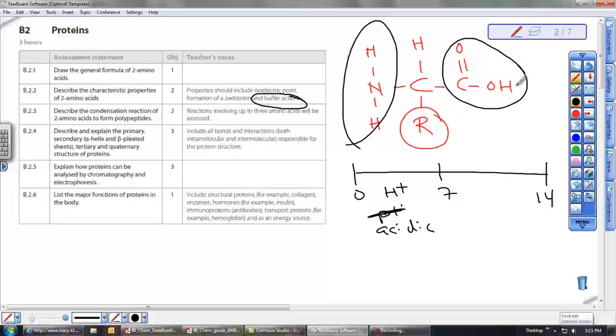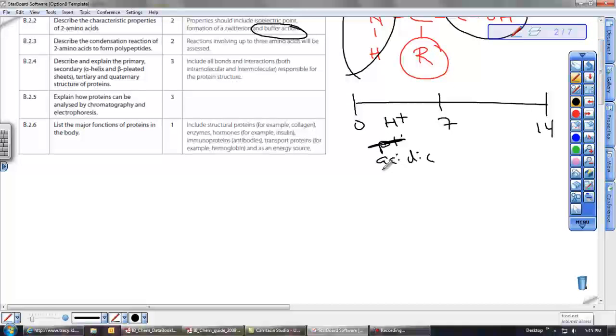That means that this will be present because that's an acidic proton. It can come off to form a negatively charged ion, but because we have a lot of H's, think of this as Le Chatelier's principle. We are overloading this compound with H's, so this is protonated. This is a base. What does a base do in the presence of acid? It accepts them. So the form of an amino acid present at very low pHs is this form.